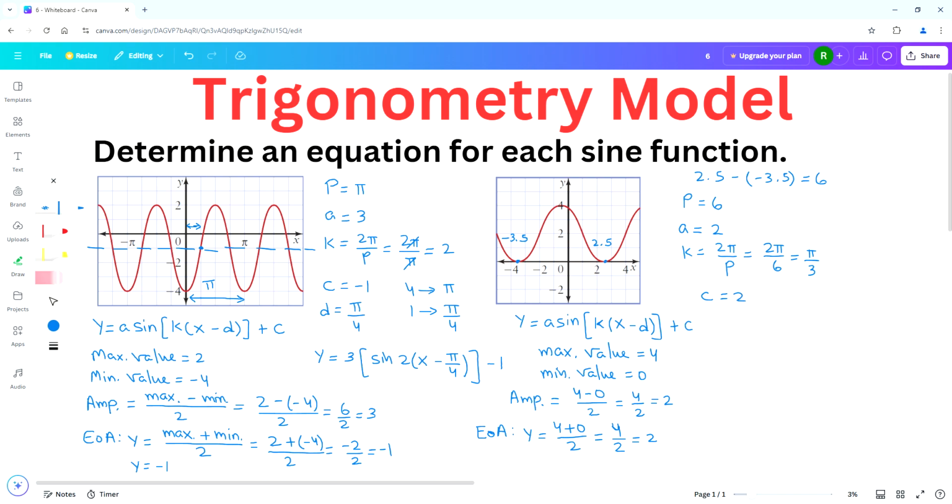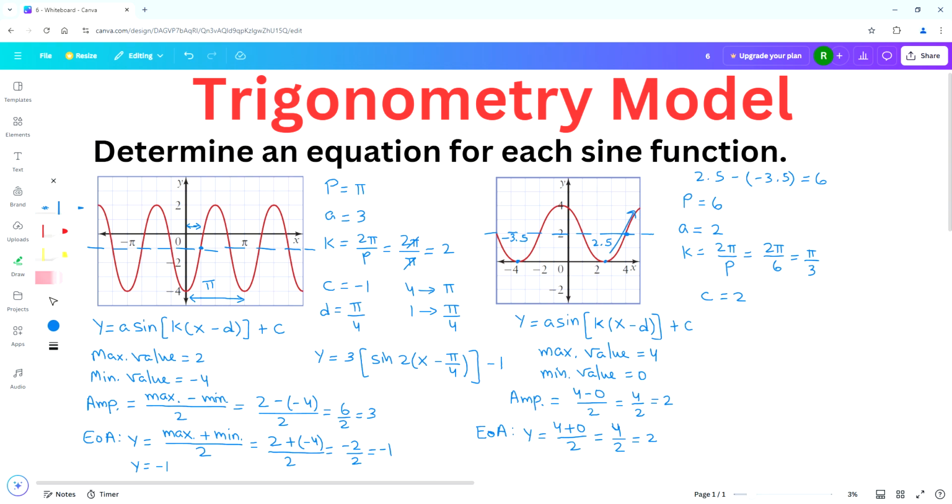Next we can calculate the d value, which represents phase shift. For that we have to analyze a point on the curve that lies on the equation of the axis or the midline as well. The equation of axis or the midline is at 2. We can analyze this point here that lies on the curve and the midline, and it lies on part of the curve that goes up as we go from left to right.